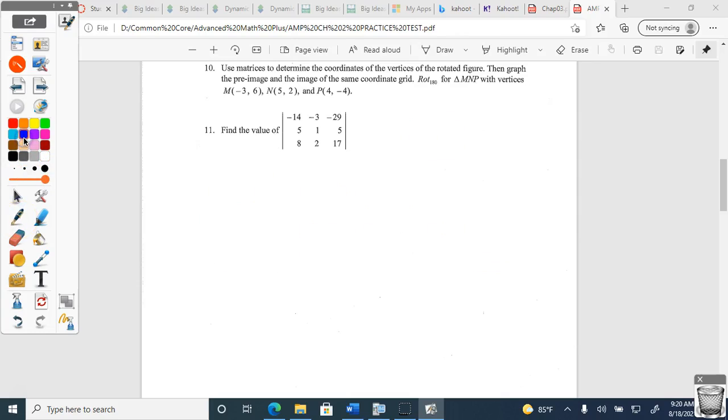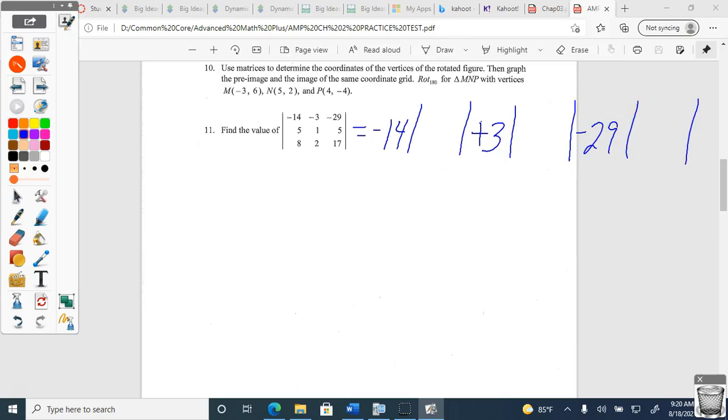So, we're going to have negative 14 times a matrix. What do I do to the middle one? Change the sign. So, plus 3 times a matrix and then minus 29 times a matrix. Okay. Negative 14.